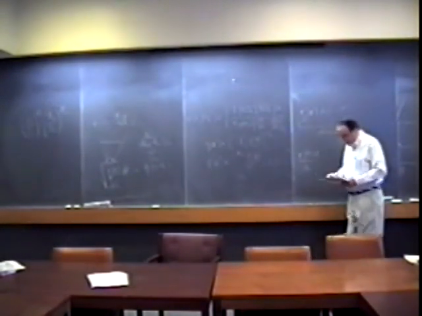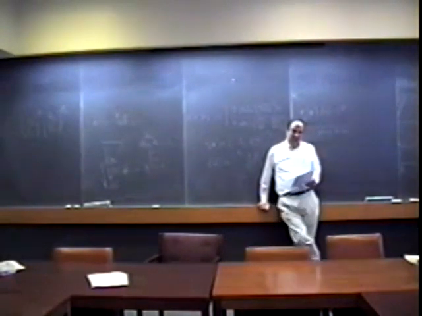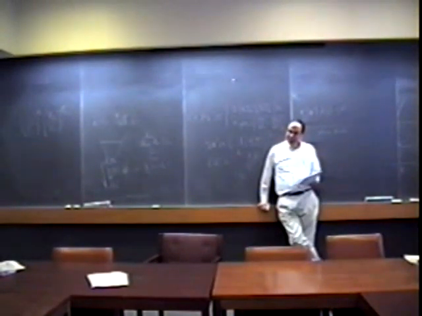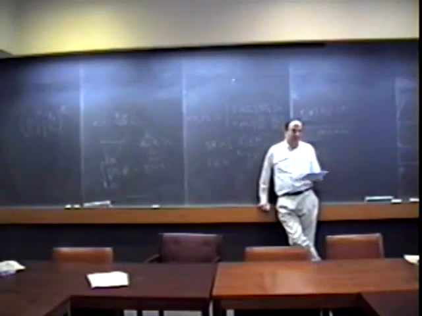And I know of very few spectroscopists who worry about such things. They just make the measurements and say, well, some theorist is going to tell me what these mean.